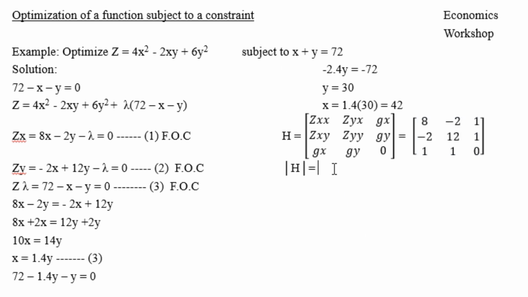So the determinant of this bordered Hessian matrix is given as 8 multiplied by minus 1 plus 2 multiplied by minus 1 plus 1 multiplied by minus 2 minus 12. That equals minus 8 minus 2 minus 14.